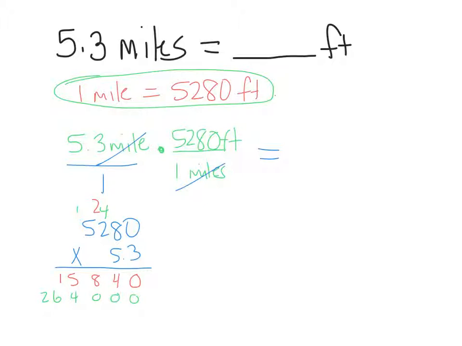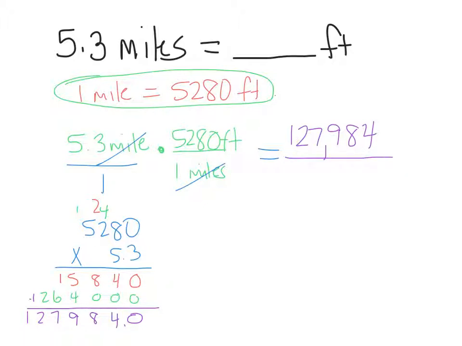Then I'm going to add these together. I'm running out of space here. So I get this. And I have one number behind the decimal, so the answer is 127,984. So that is 127,984 feet over 1 times 1, which is 1.